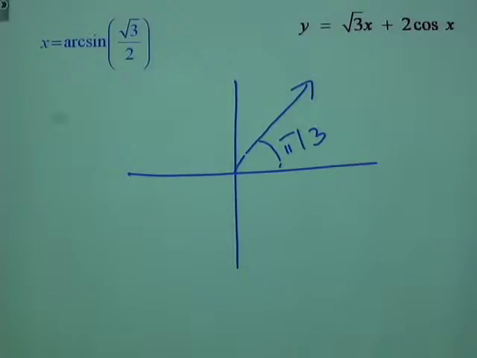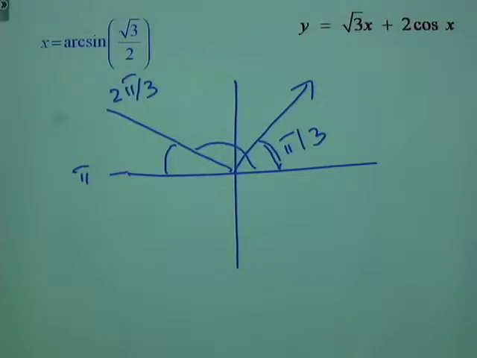And in the second quadrant, you can see the angle will be 2 pi by 3 because pi by 3 is the reference angle. So in the second quadrant, this is pi. Pi minus pi by 3 is 2 pi by 3.